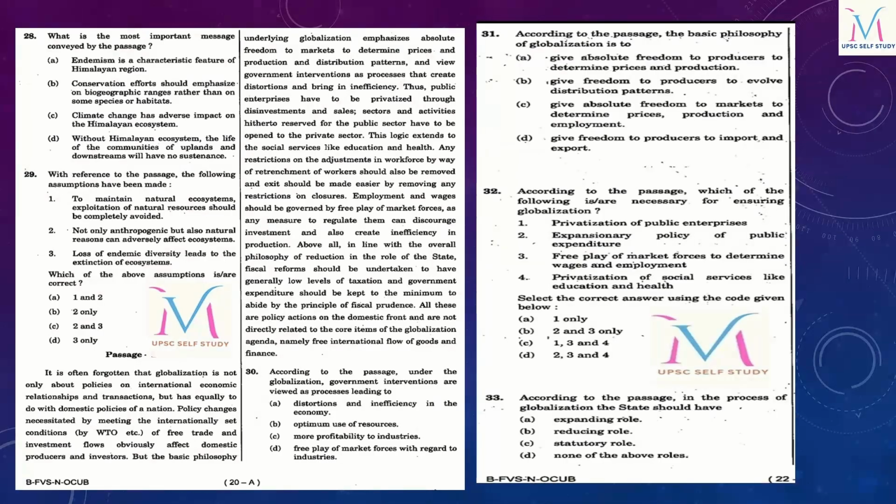According to the passage, in the process of globalization, the state should have a reducing role. So for question number 33, the option is B. If you go through the passages, you will also be able to identify the answers. So, coming to the next question.